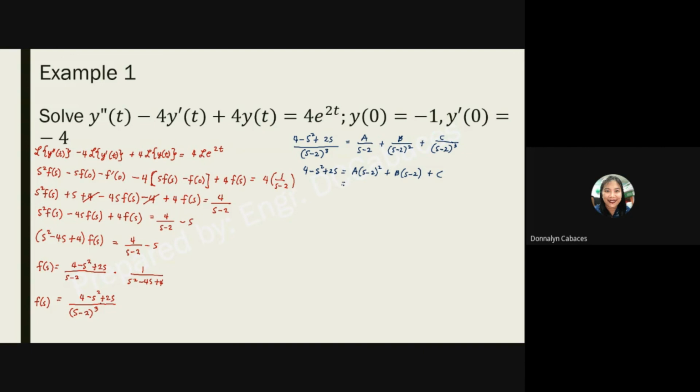So you have here a times s squared minus 4s plus 4 plus b times s minus 2 plus c. And now we equate coefficients of like powers to find the values of a, b, and c. Let us start with s squared. The coefficient on the left is negative 1, which is equal to, on the right, a.